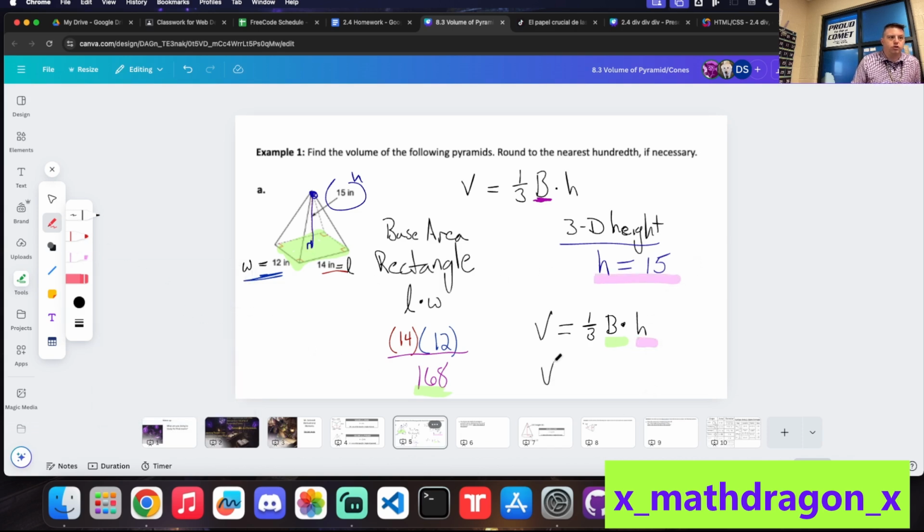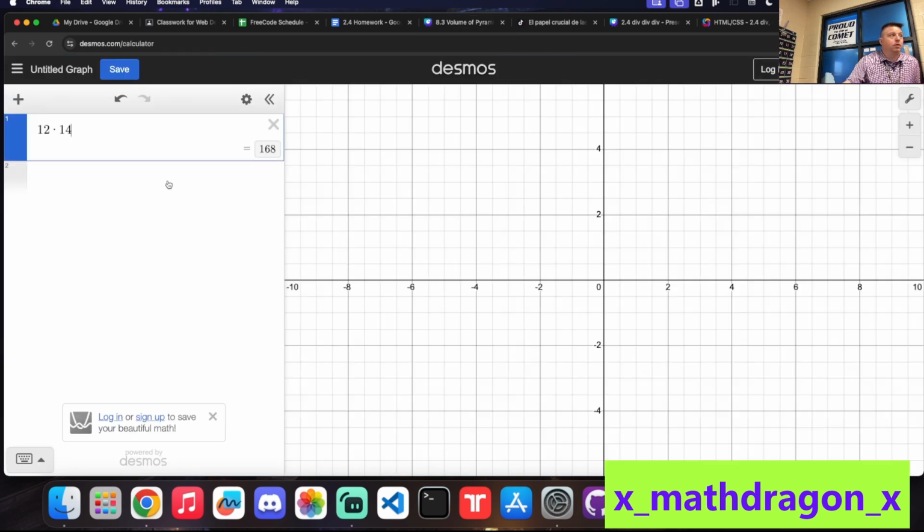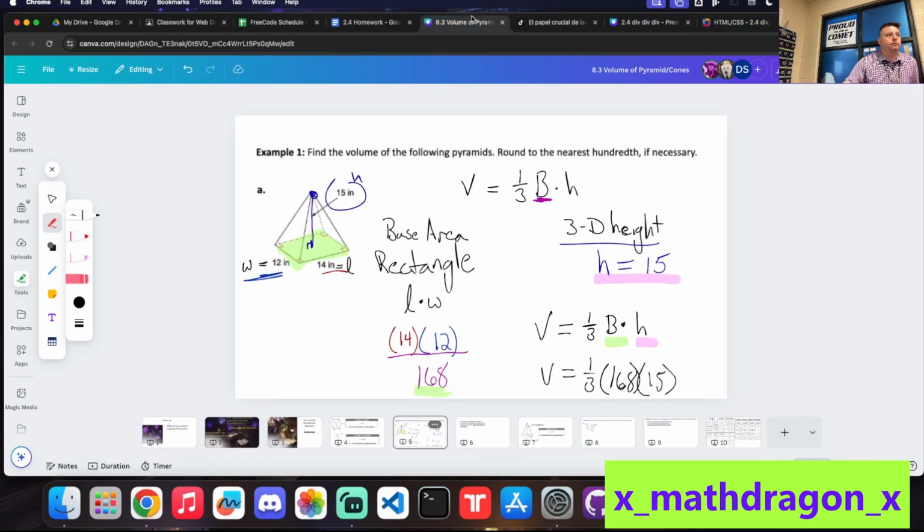So this is just a plug and chug. So 1/3, 168, 15. And that's exactly what I'm going to type in. I'm going to do 1 divided by 3 times 168 times 15. And you should get 840. And this will be inches cubed. Still units cubed for volume.